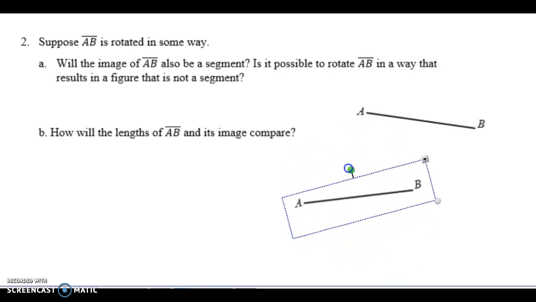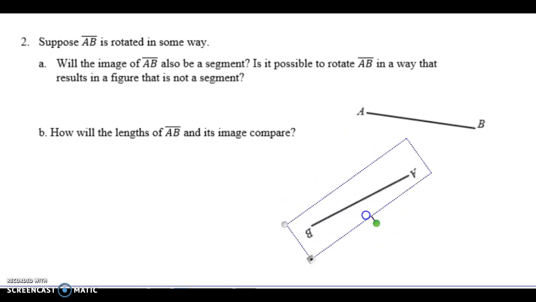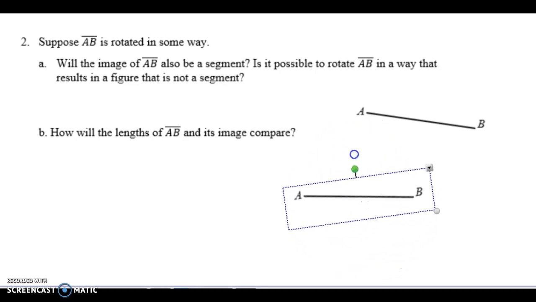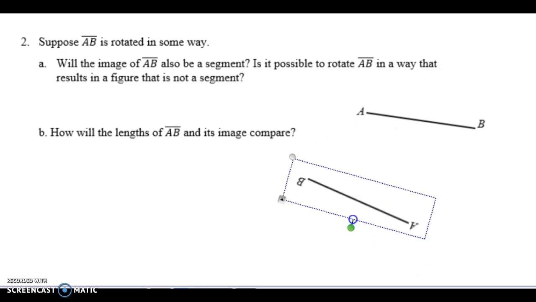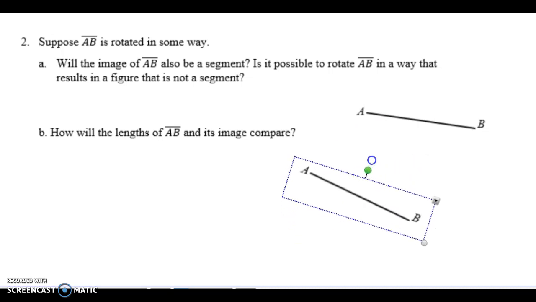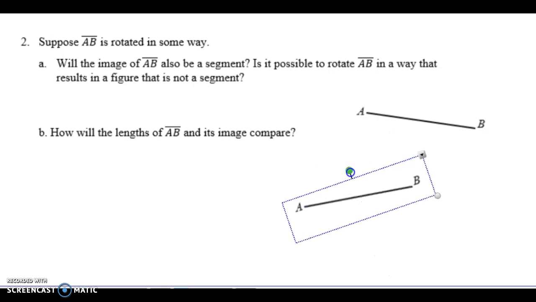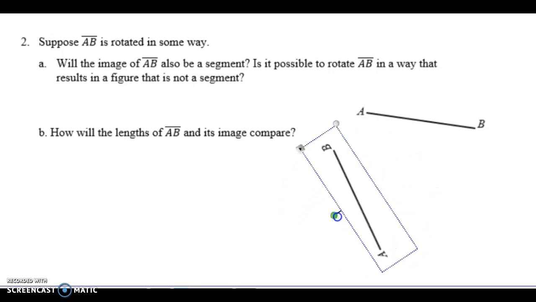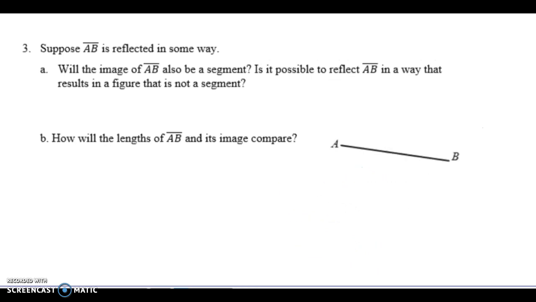And as you can see, the answer again is no. A rotation changes its location, but it doesn't change the actual line. And how will the lengths of AB and its image compare? Well, did it change the length? Nope. So no matter what we do to this, if we rotate it, it's going to continue to keep that shape.